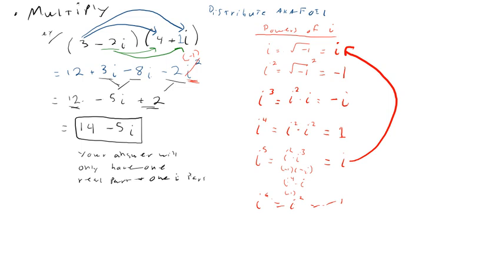So 5th is i, 6, 7, 8. 9 back to i, 10, 11, 12. 13 back to i, 14, 15, 16. You keep repeating this pattern of these 4 over and over again. So these are the ones you need to memorize, because that pattern just repeats over and over again.